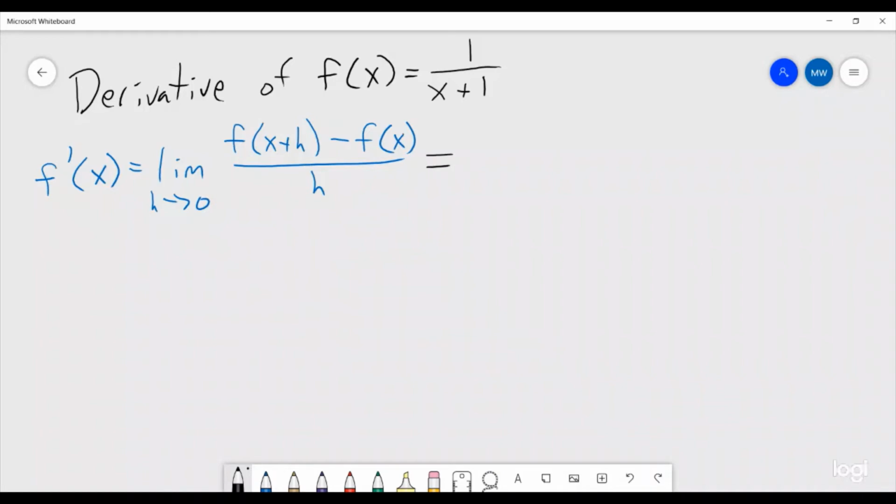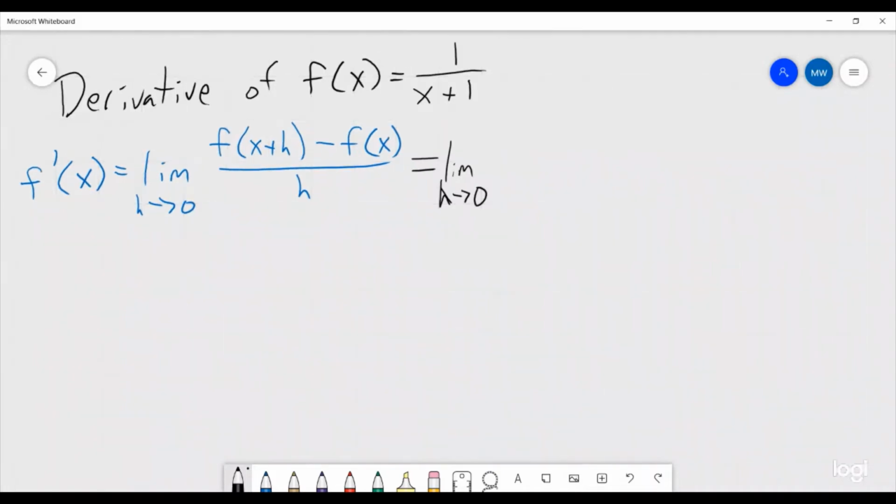So this is going to be the limit as h goes to 0 of 1 over x plus h plus 1, minus 1 over x plus 1, all over h.